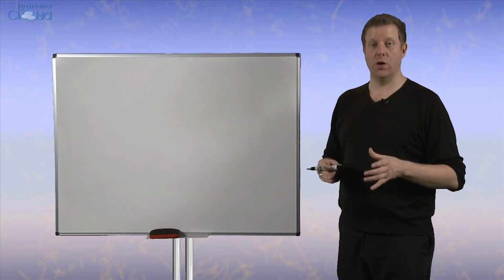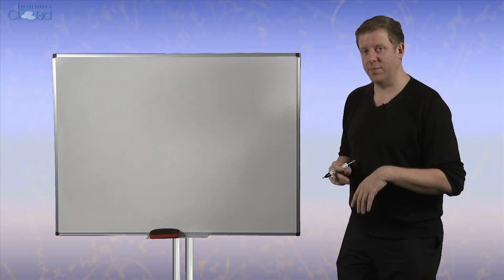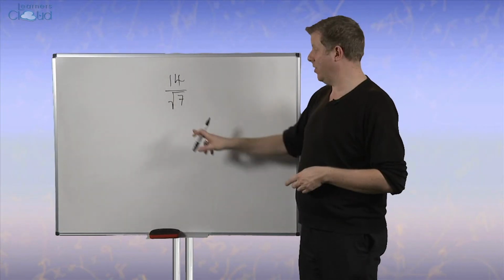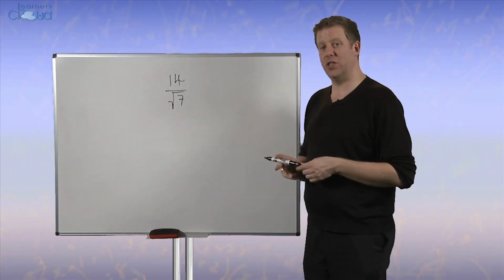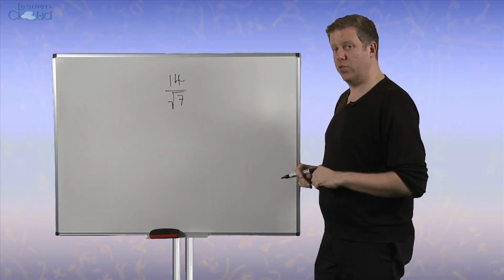So now you've seen an example of how to rationalise the denominator, let's look at a couple of questions together. The first one we want to rationalise is this one here, 14 over √7. Now remember, the fraction you multiply by is always decided by what we have on the denominator in the question. In the previous one it was √5, here it's √7.